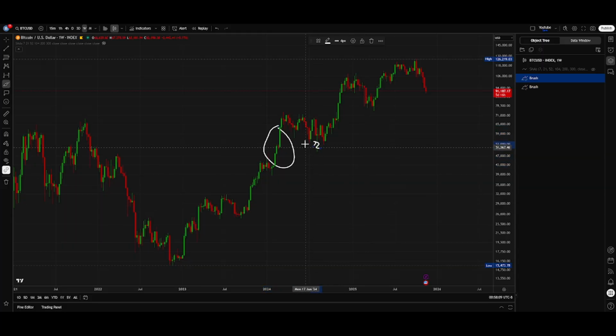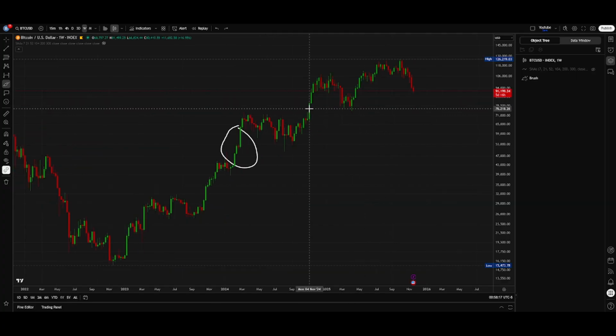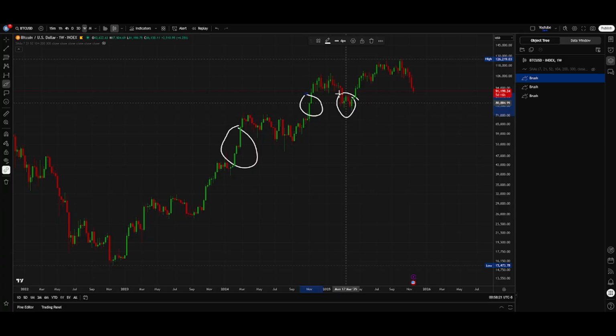They always get filled. Like, you can see here, this wick is filling the single print. This single print here gets filled, right? It comes back and fills it. It consolidates before going back up.